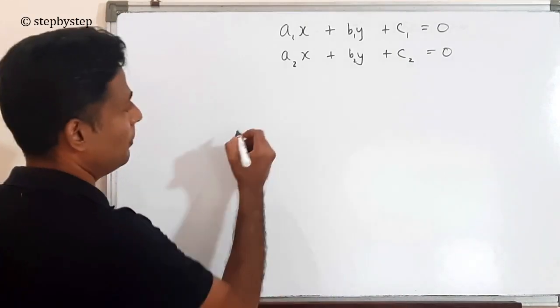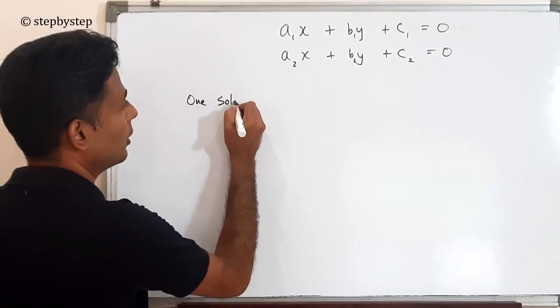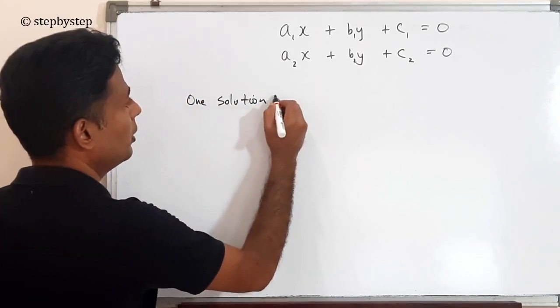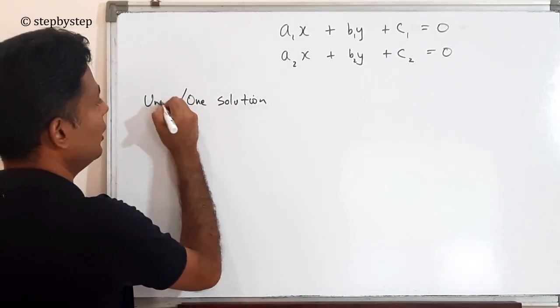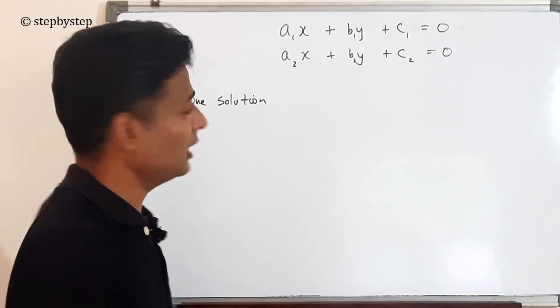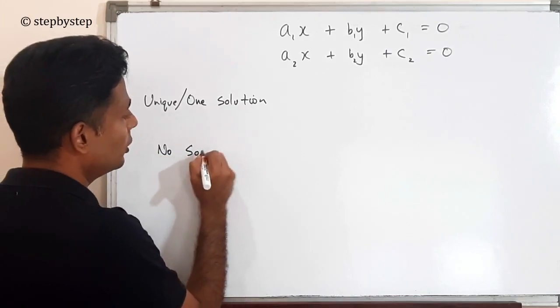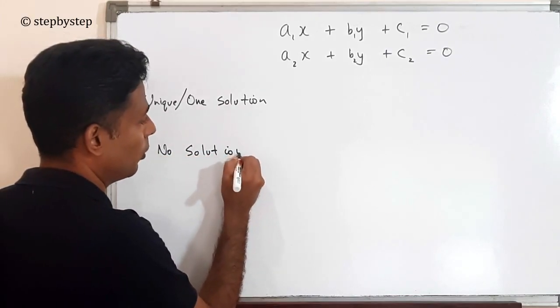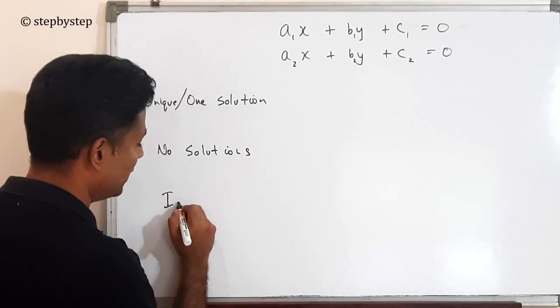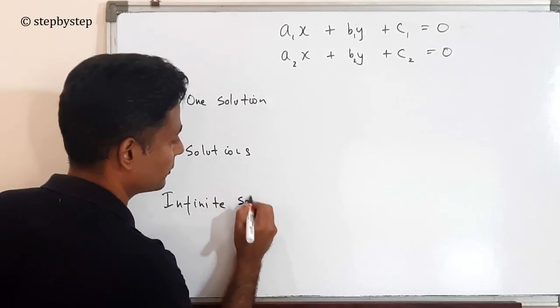So what are the three possibilities? One is one solution, or unique solution. This is what we learned in the previous module, where there is only one solution. It is also possible that there are no solutions. I'll tell you how. And there is also a possibility that they have infinite solutions.